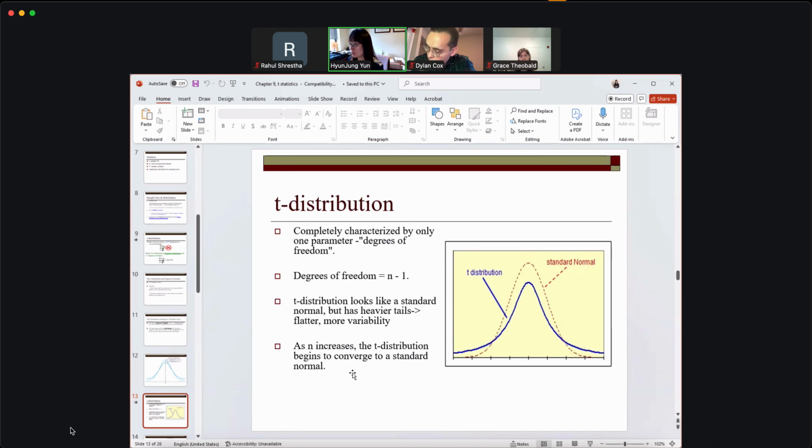As I said, as the sample size gets larger and larger, especially when it reaches at least 30 cases, it will converge to almost identical to the normal distribution. Especially the data sets we are dealing with have thousands of cases, right? So they will report the t statistic and the corresponding p-value.